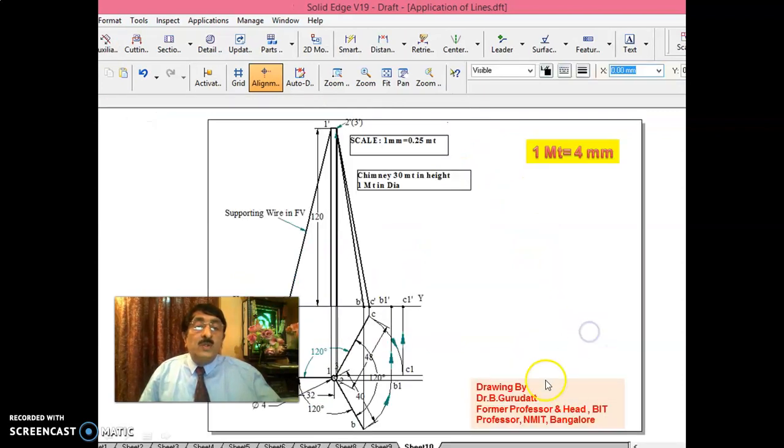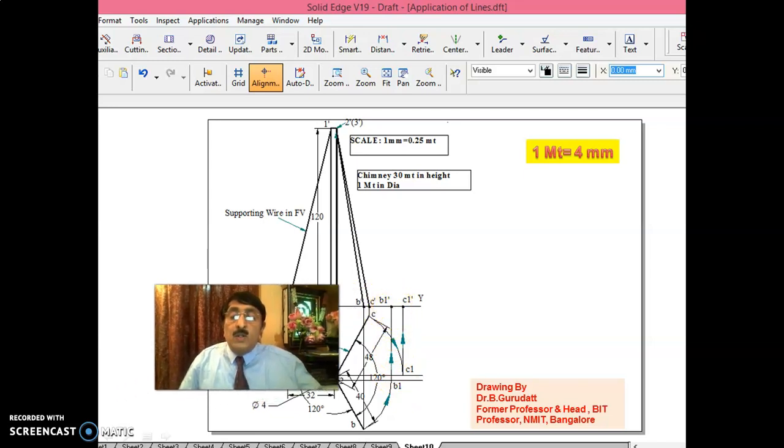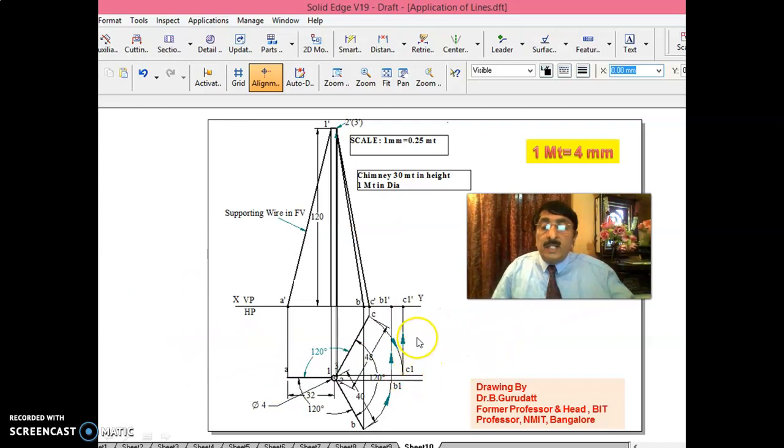B1 you take to B1 dash because it is lying on the ground, and C1 you locate on the XY line. Now you join carefully from 2 dash to B1 dash, and the same with 3 dash to C1 dash.